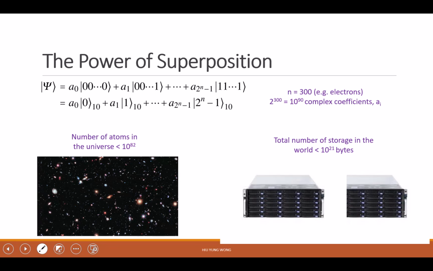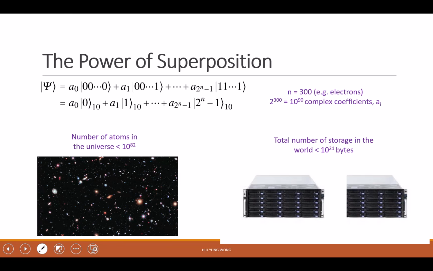To describe a general state formed by 300 electrons, you need 10 to the power 90 complex numbers. And what is the meaning of 10 to the power 90? Even Bill Gates doesn't really know how big it is, even though he's so rich. Our universe only has 10 to the power 82 atoms.